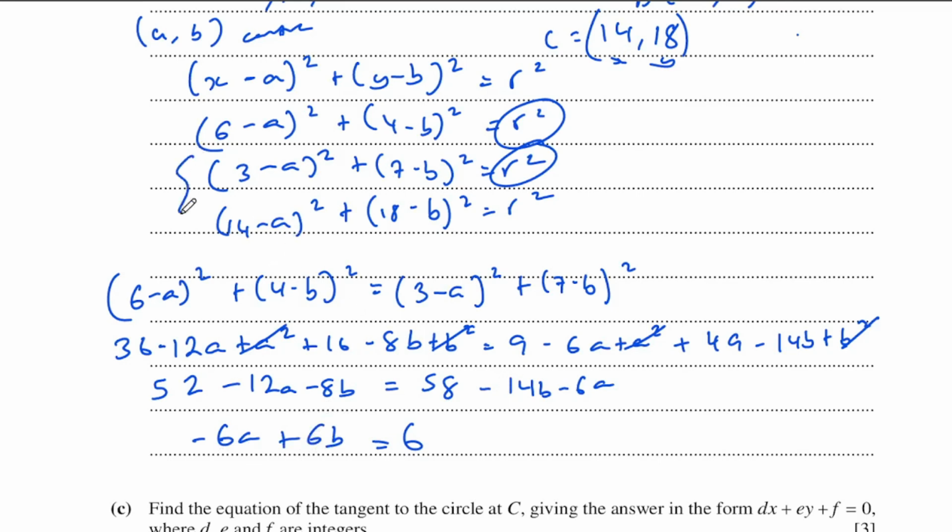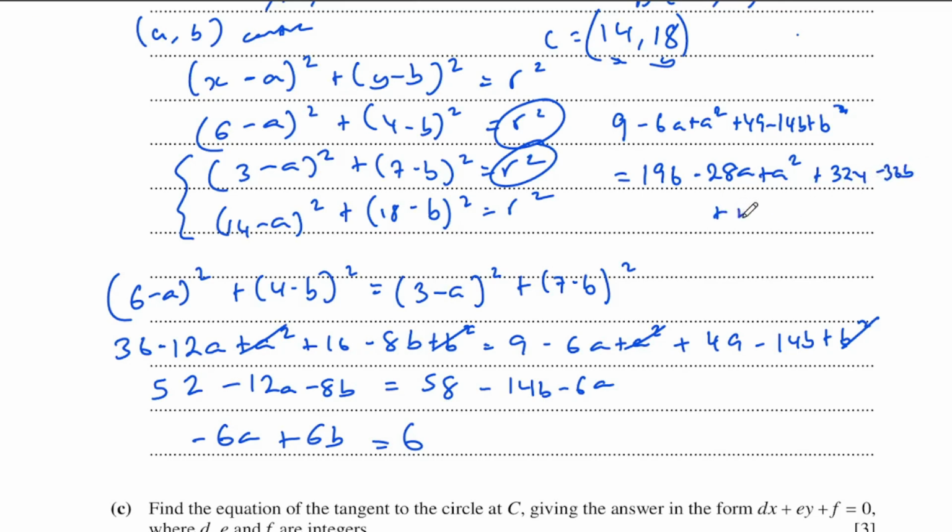We can do the same thing for these two. We're going to get 9 minus 6a plus a squared plus 49 minus 14b plus b squared is equal to, expand this, so 14 squared is 196 minus 28a plus a squared, and then 10 squared is 324, so plus 324 minus 36b plus b squared.